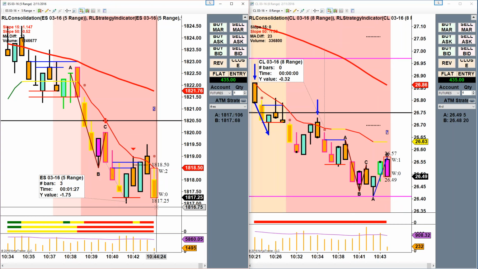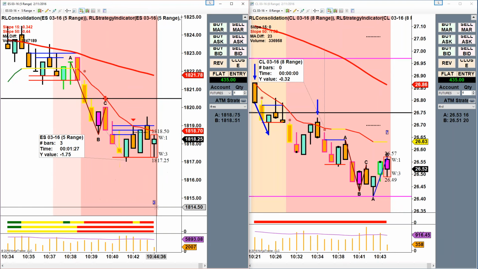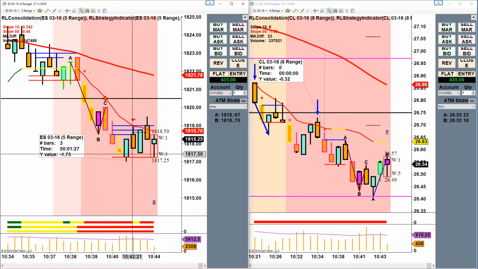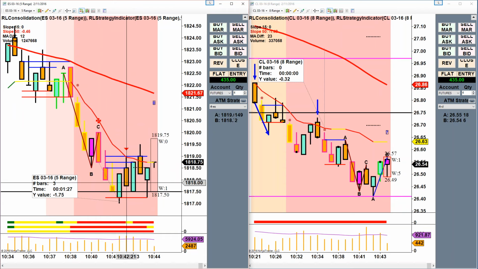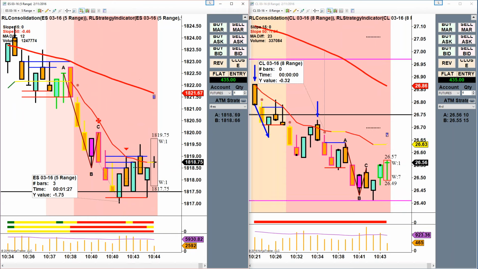There it goes. There's your second target out at +4. And you'll be taken out. So you have a nice winner. You have a loser if you chase the trade, and you have another winner.